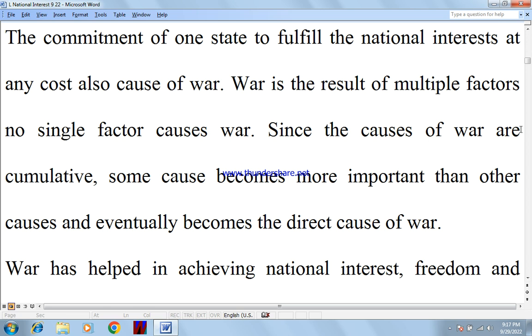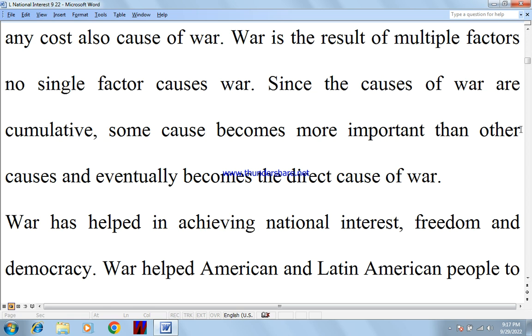War is the result of multiple factors. No single factor causes war. Since the causes of war are cumulative, some causes become more important than other causes and eventually become the direct or immediate cause of war.